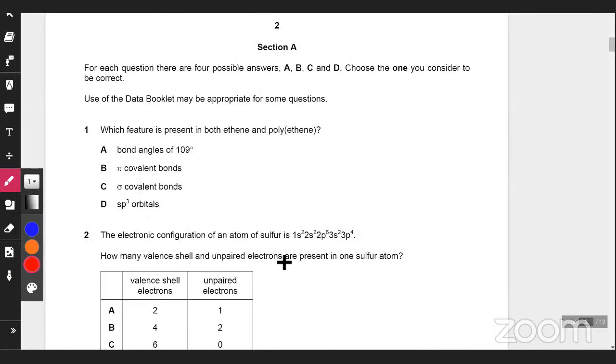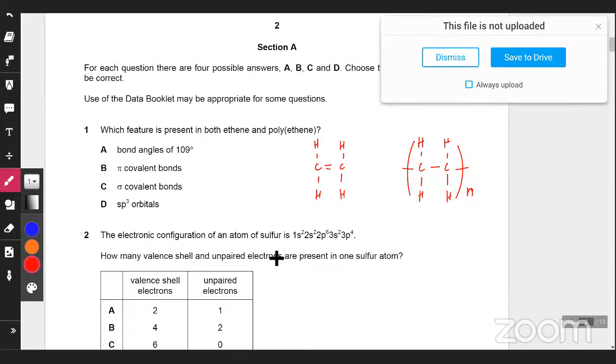Starting with the first one, they're saying which feature is present in both ethene and polyethene. Now, ethene has a double bond, and polyethene, which we just did, the double bond breaks up and connects with other molecules of the same type, and they link up, and a polymer is formed.